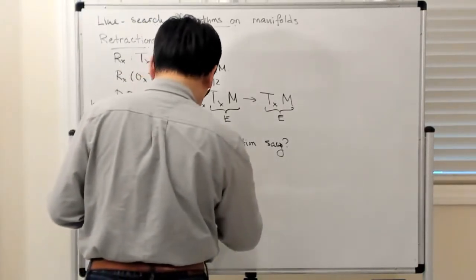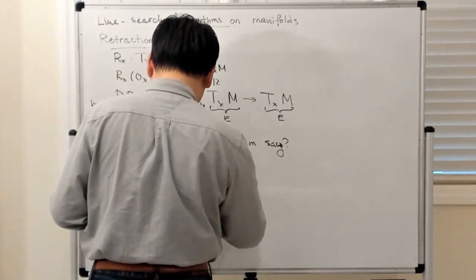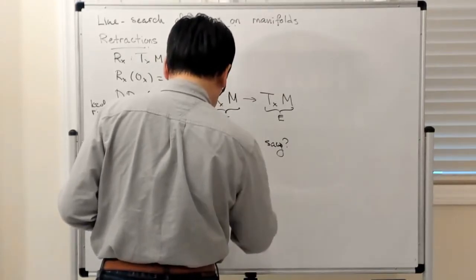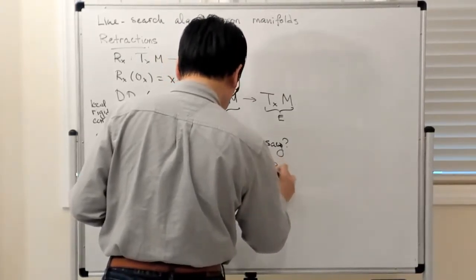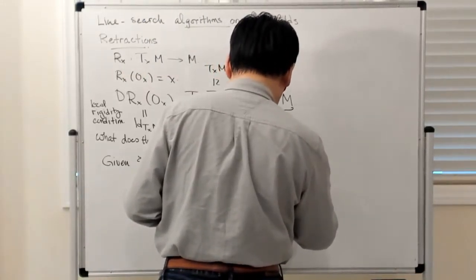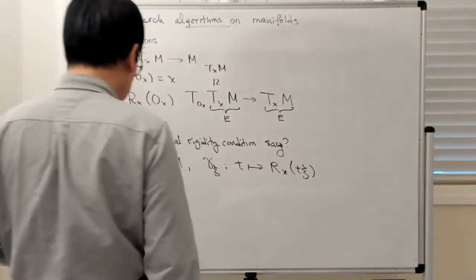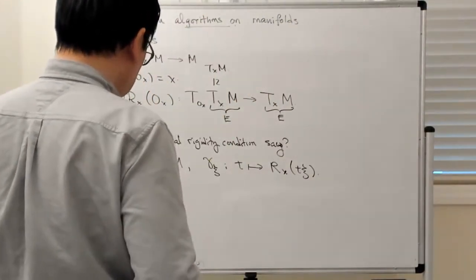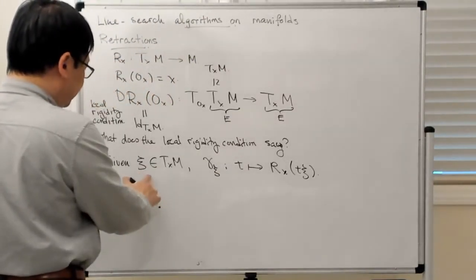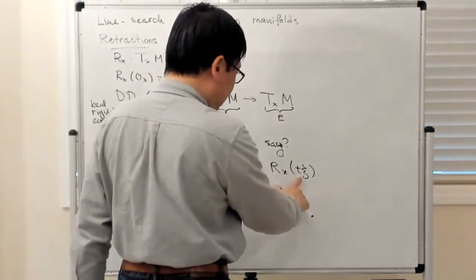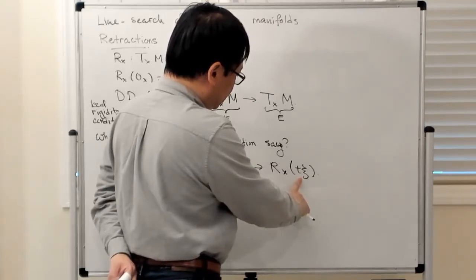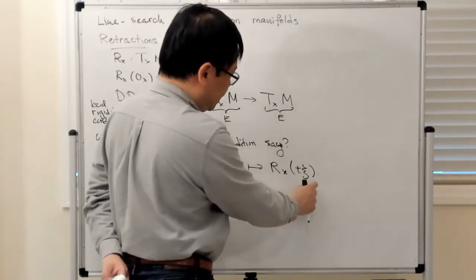which is a map from R. Well, let's just call it t gets mapped to R_x(t eta). Okay, so given a tangent vector, what I'm going to do is scale it by a scalar, and of course, when t equals 0, it becomes the 0 vector.